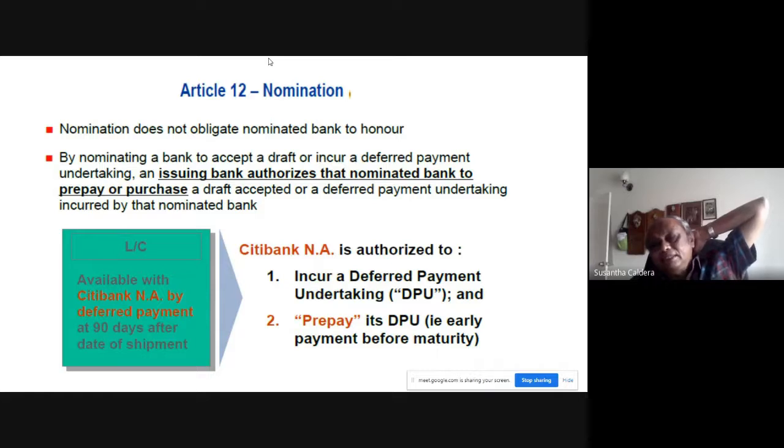That is their prerogative. What Sumudu said earlier comes in here: in deferred payment, the negotiating bank is giving the undertaking to pay. Okay.